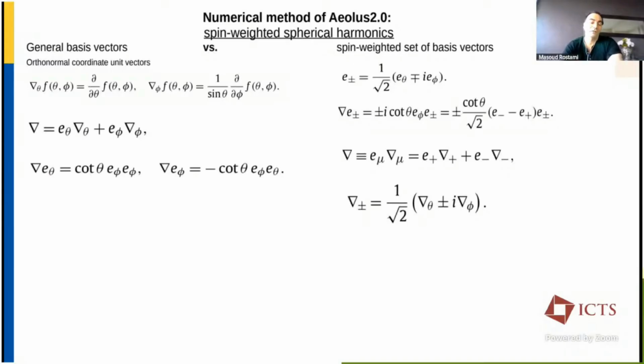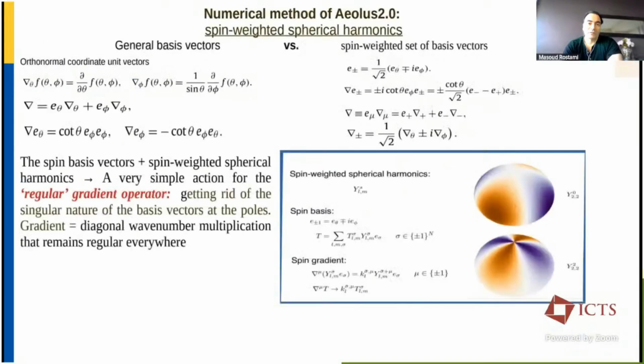Here we get rid of the singularities by switching to this spin-weighted set of basis vectors. As you see here, gradients are regular everywhere, so gradients can be converted to just multiplications of other variables.